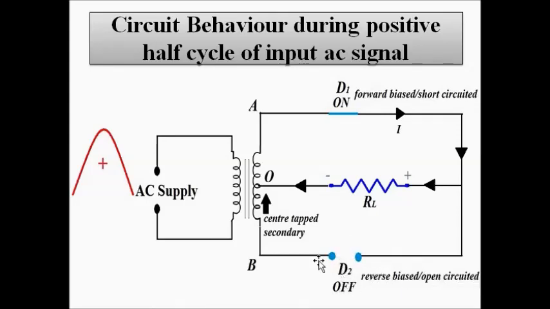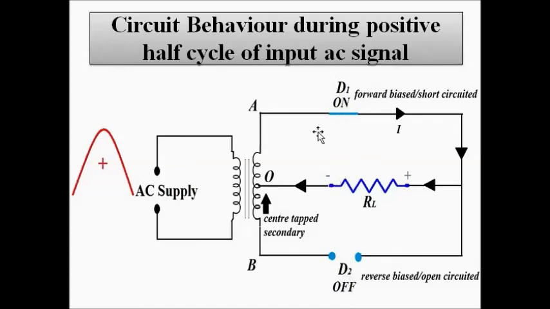So in the positive half cycle, when A is positive and B is negative, diode D1 is forward biased and behaves as a short circuit, while diode D2 is reverse biased and behaves as an open circuit. Diode D1 is on, diode D2 is off.